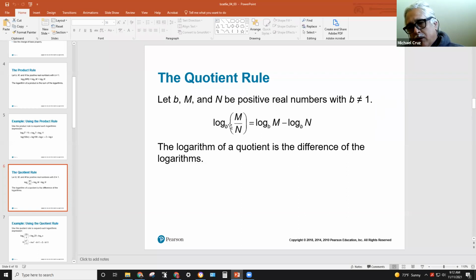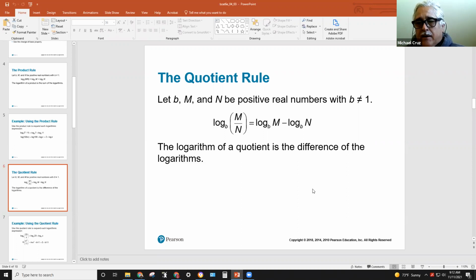The log base b of m over n is equal to, and it can only go in one order, because multiplication and addition are what we call commutative. It doesn't matter what order we multiply in or add in. The same does not happen with division and subtraction, and this is why these two are so closely related.